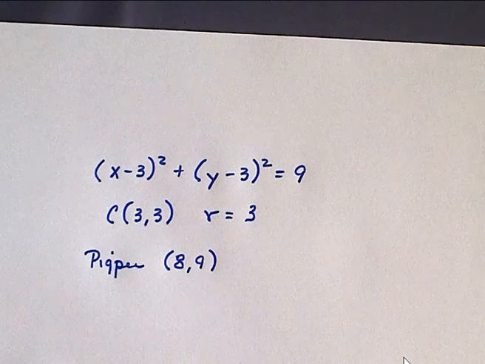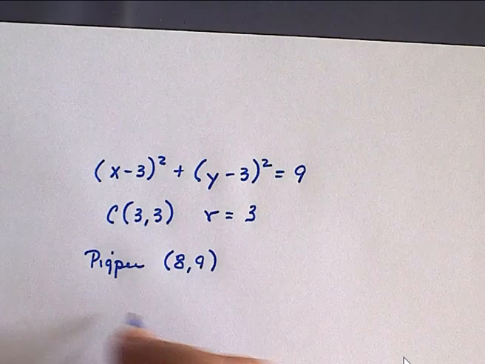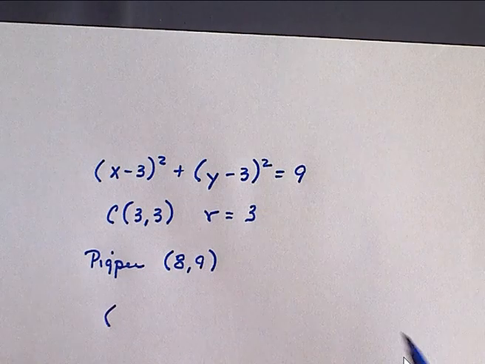Okay, so here's what I'm going to do. Now don't go by the circle that's given there. So don't go by there. Here's what you want to do. Plug those numbers into the formula.